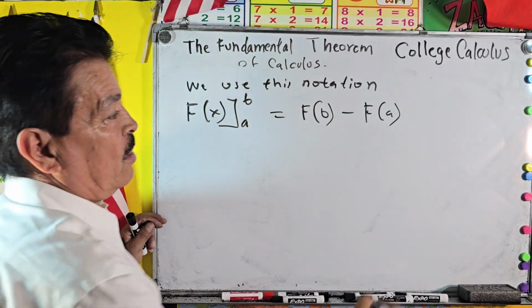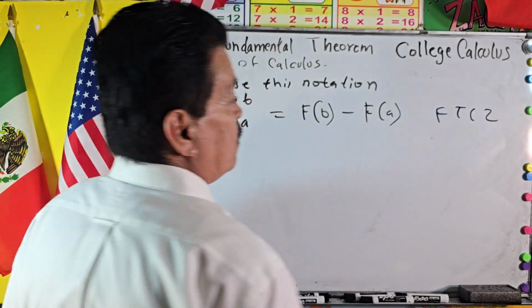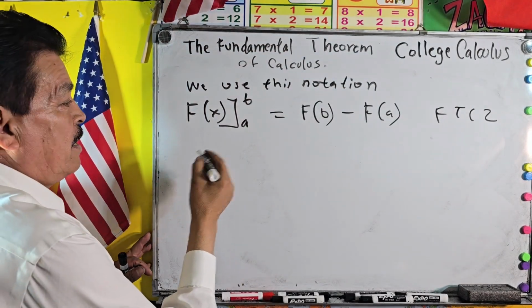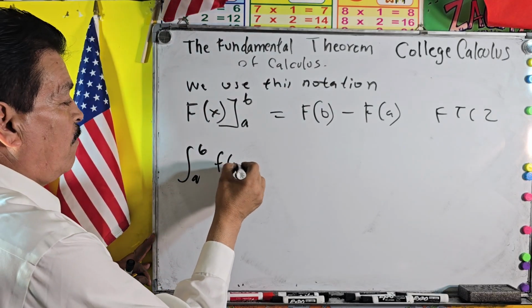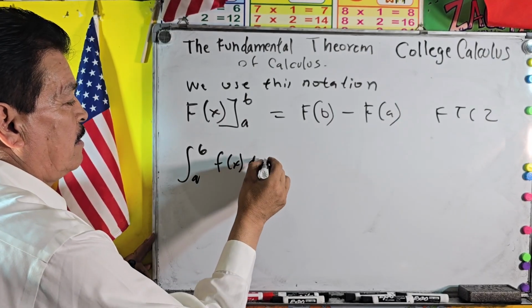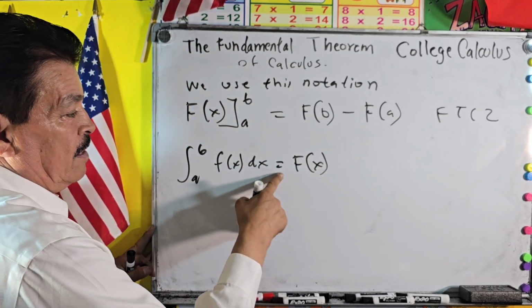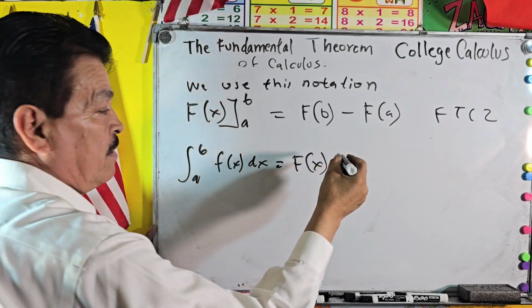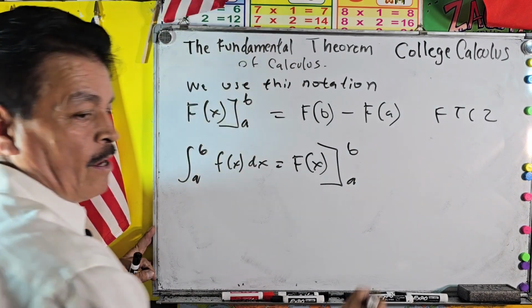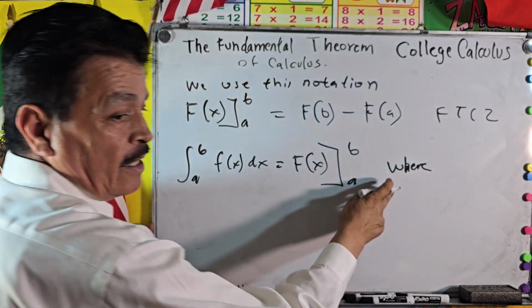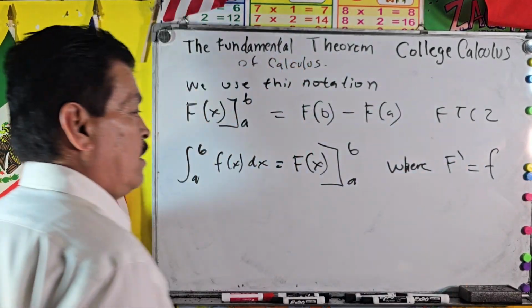So the equation of part 2 can be written as the integral from a to b of f of x dx equals capital F evaluated from a to b, where in this case F prime equals f. All right.